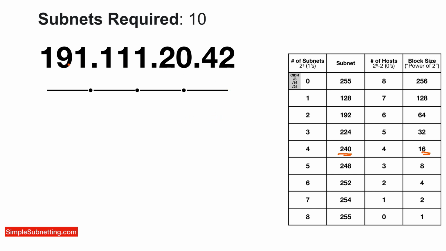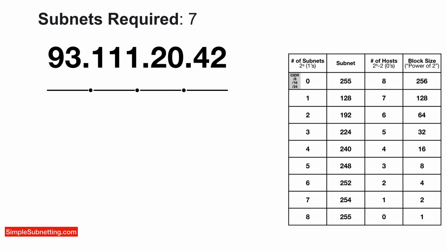Well, from the number, we just look at this. And that lets us know that they're looking for a Class B subnet. So because of that, we're going to write 255, 255, 240, 0. That's it. It's that simple.